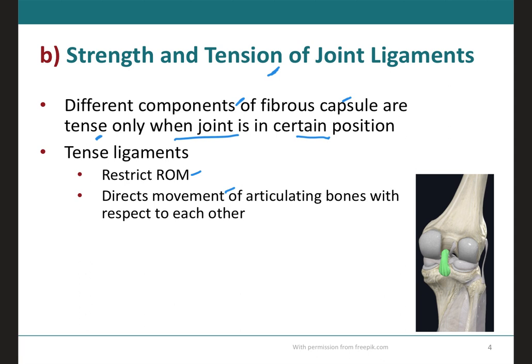For example, in the knee joint, as we can see over here, the anterior cruciate ligament is tense, and the posterior cruciate ligament that we can see back here is going to be loose when the knee is straight, and the reverse will occur when the knee is bent. So they sort of complement each other to give this strength and tension in the joint during the movement.